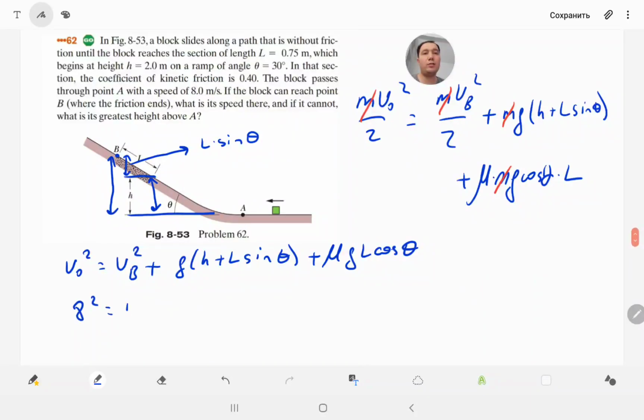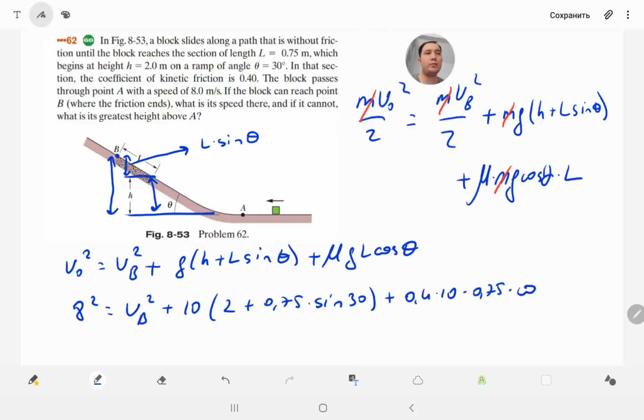8 squared, VB unknown. Let's assume gravity to be 10. h is 2. L is 0.75. Sine of the angle, 30. Plus coefficient of friction 0.4, times 10, times L, 0.75, times cosine 30.